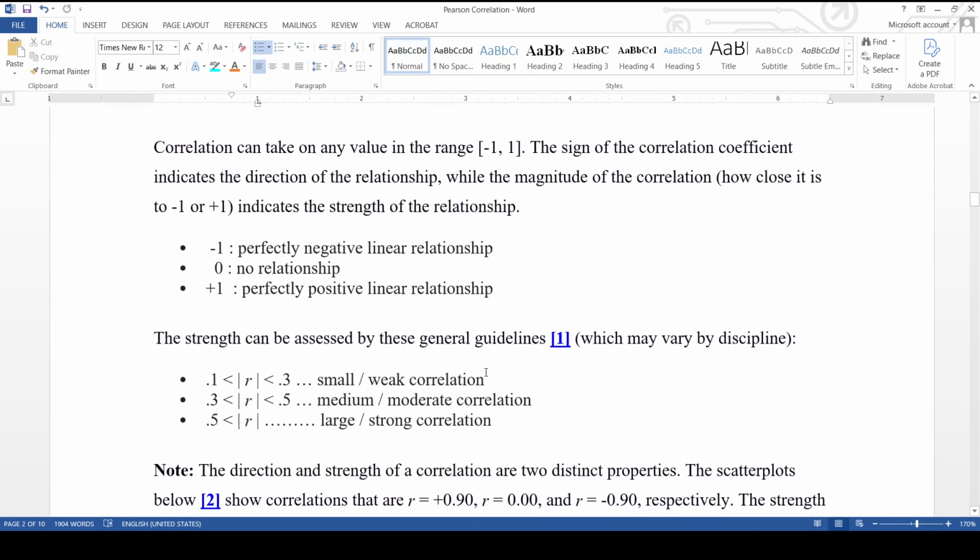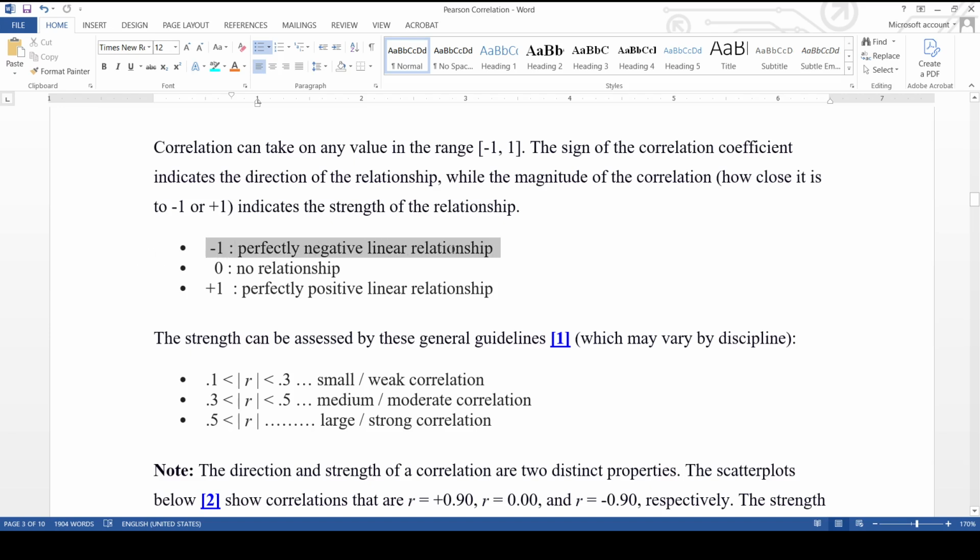Now, this is the strength of the association or relationship we've discussed. Let me stick to the relationship so that we don't get confused. This is the strength of the relationship. Now, when we have -1, this has to do with a negative linear relationship.